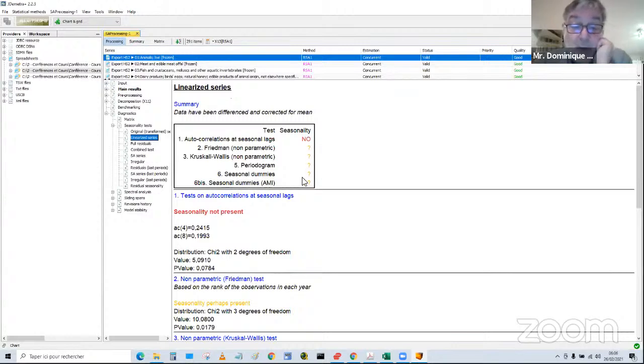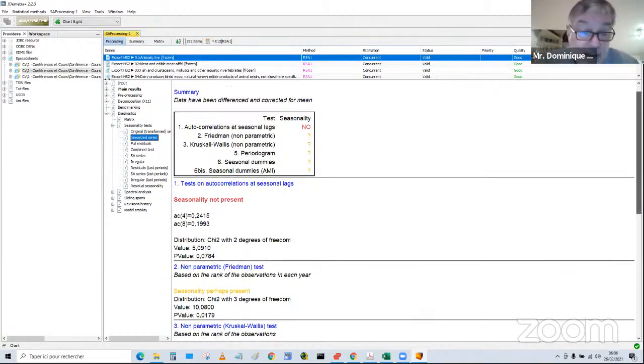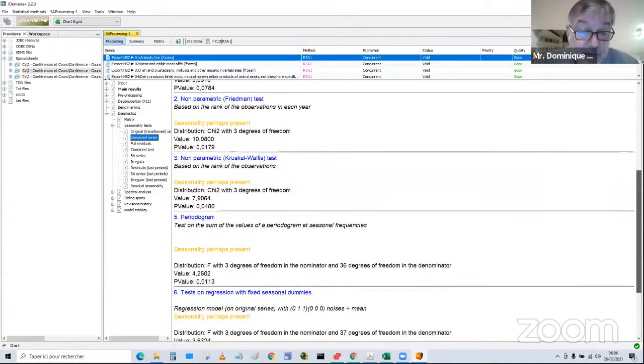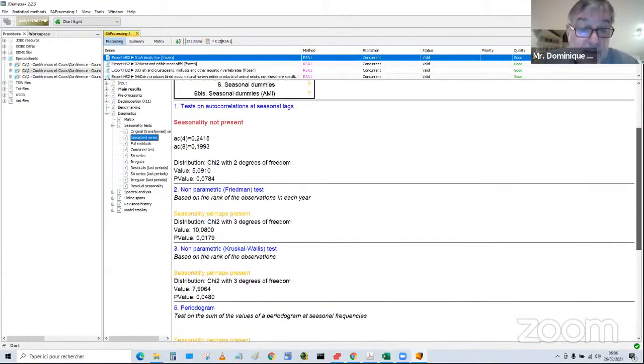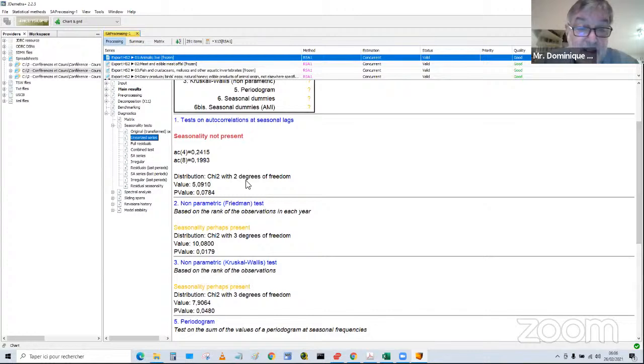So what is clear is that if I have a seasonal component, I will probably have some problems to detect it. Let me see what is the final. You see, each time I have seasonality not present, seasonality perhaps present, and so on.